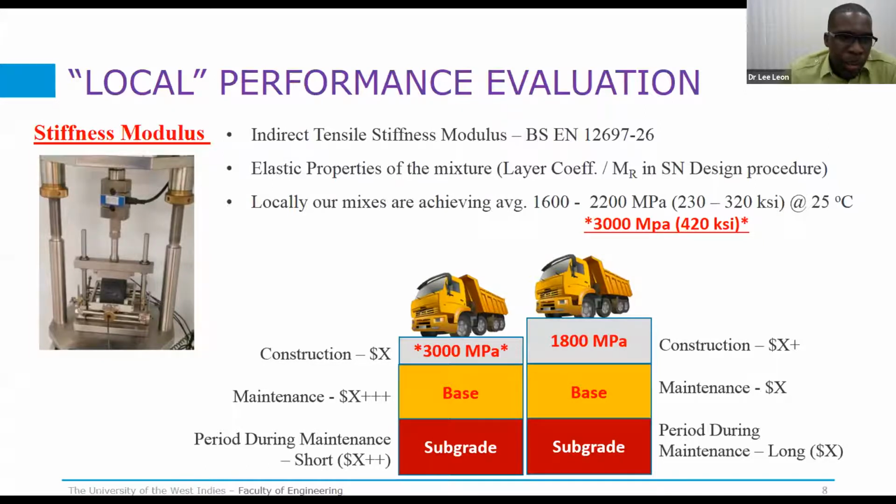However, the adopted design will have more maintenance, and the maintenance cost will be much more because what we have is what we design for. This is not what the material is actually characterized as. So we design for 3000 MPa. However, the material strength is actually 1800 MPa, sorry.